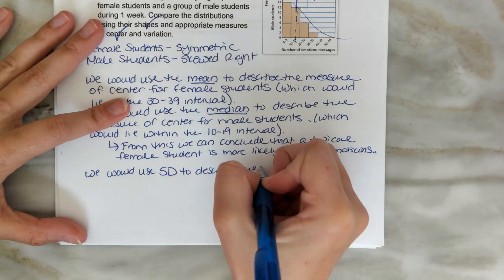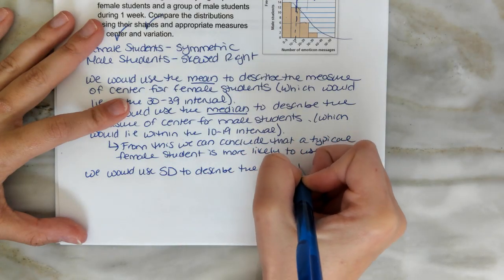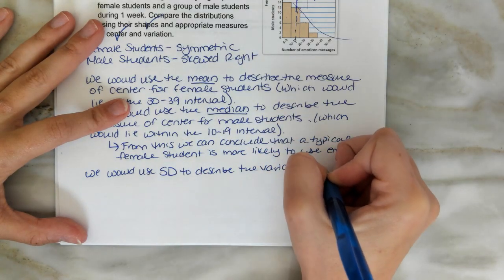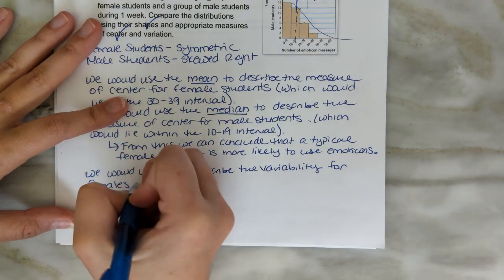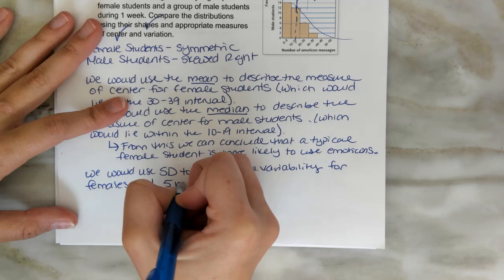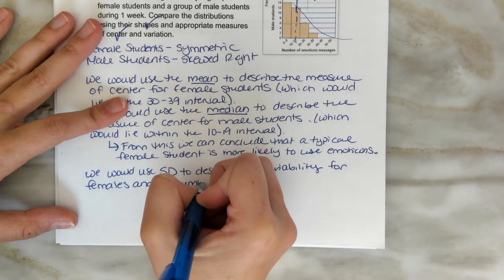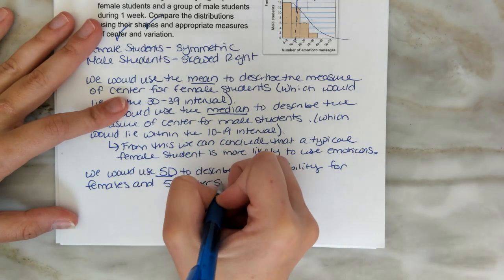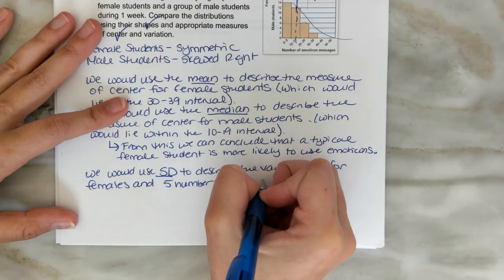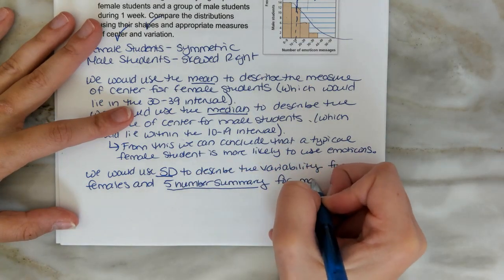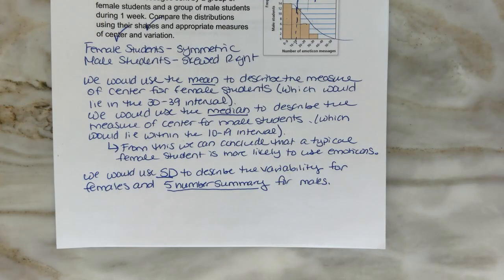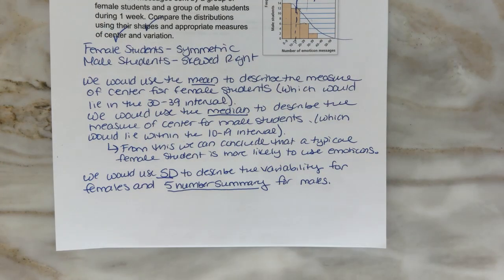To describe the variability for females. And we would use the 5 number summary to describe the variability for males because their data was skewed.